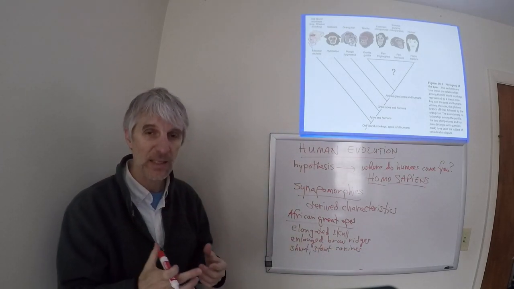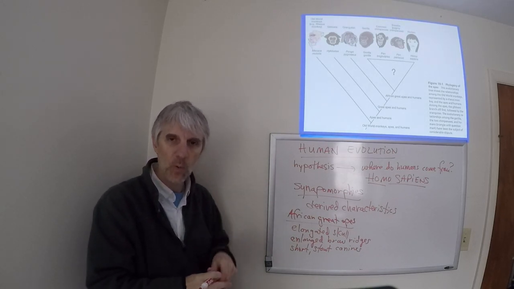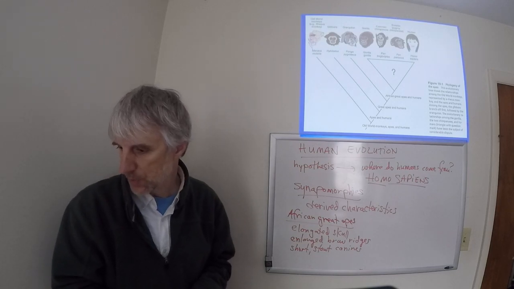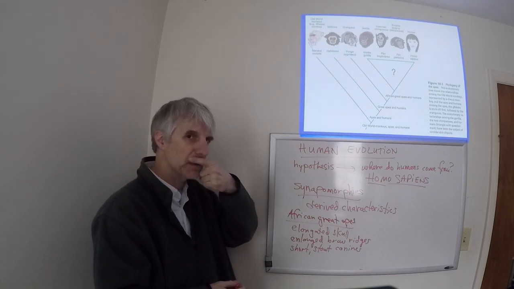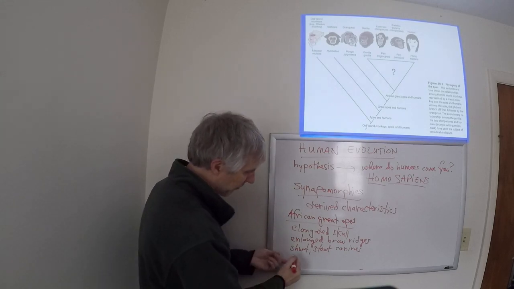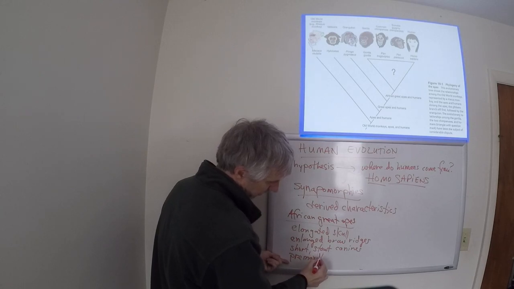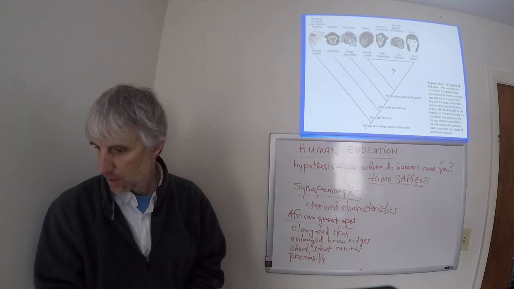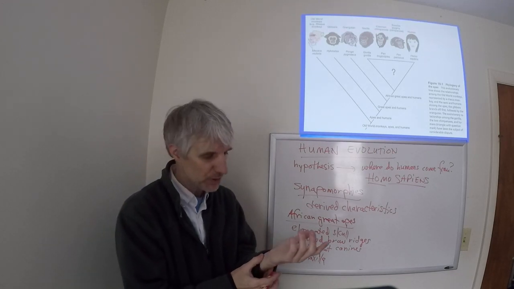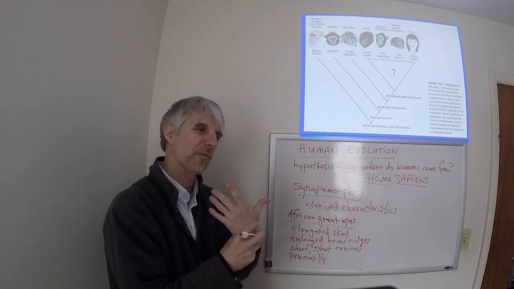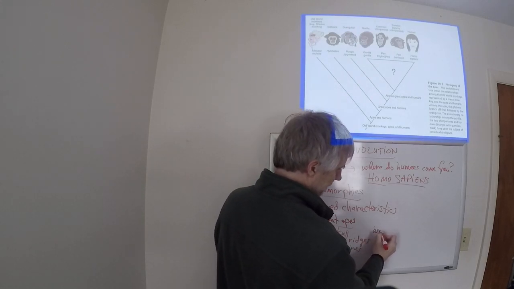Right? These canine teeth tend to be shorter and stouter, not as long and pointed as in the other apes or monkeys. The premaxilla, that's this bone here. Differences in the premaxilla associated with the skull, and then fusion of certain wrist bones, and that fusion again is associated with the flexibility.